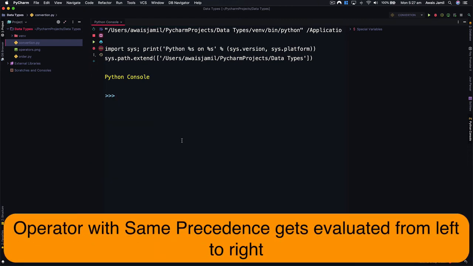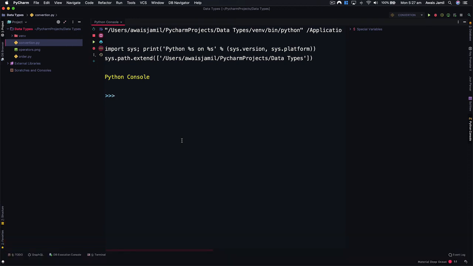In cases where two operators have the same precedence, for example, addition and subtraction, statements are evaluated left to right. Let me give you an example. For example, if I say 3 plus 4 minus 1, so if I evaluate this part first, which is 4 minus 1 becomes 3, and 3 plus 3 becomes 6.